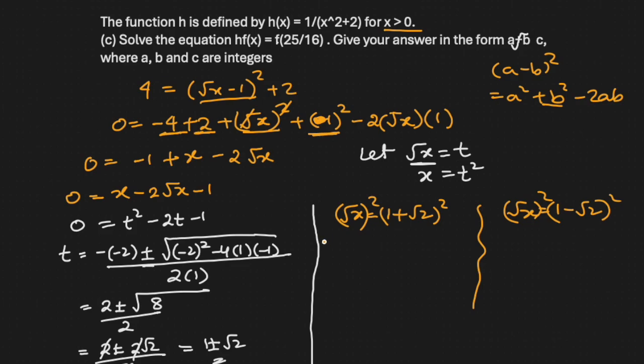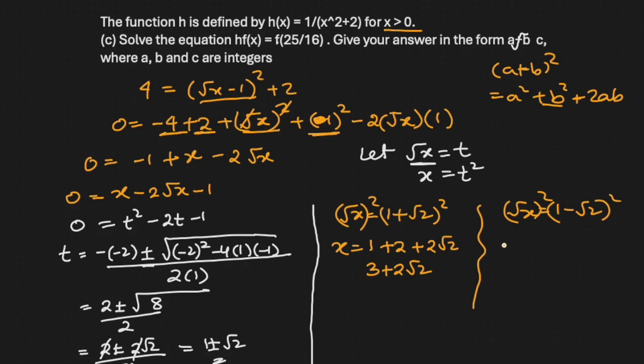I'll get two answers. So x is equal to 1, again I'll use the same identity but this time plus and plus here, so 1 plus 2 plus 2 square root 2, 3 plus 2 square root 2. Is this positive? x is positive.